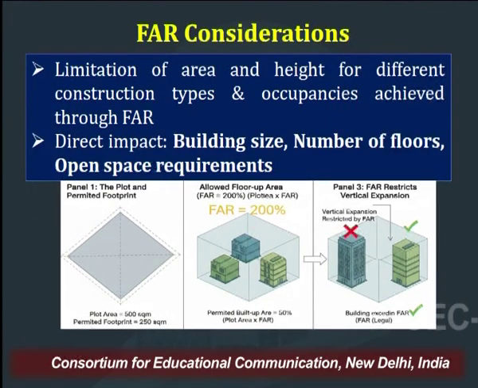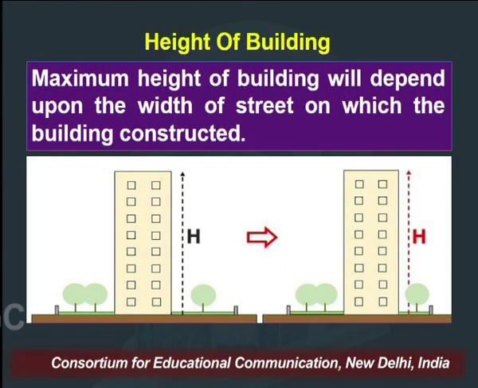The limitation of area and height for different construction types and occupancies will be achieved through the FAR. It will impact directly the building size, the number of floors and the open space requirement. So, again it gives a very bracketed figure in which the architects and the designers have to work out their design.